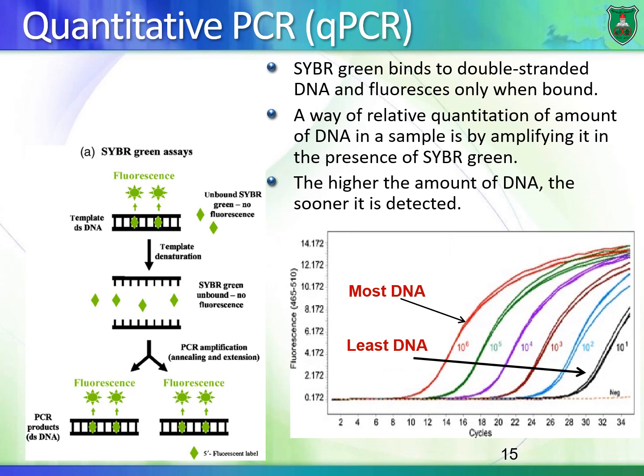Now, here in this chart, we have different samples. The red sample is detected at cycle 12. But the green sample is detected at cycle 14. Now, why is that?